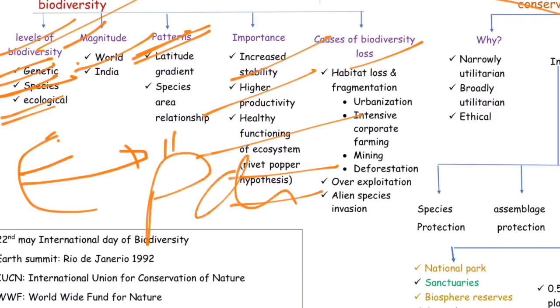According to this hypothesis, he considers each species to be one particular rivet. Rivet means the bolts which are used in the construction of planes. If all the rivets are removed, the plane cannot fly; it crashes or falls down. In the same way, all the species are important for the healthy functioning of the ecosystem. This is about the Rivet-Popper hypothesis.